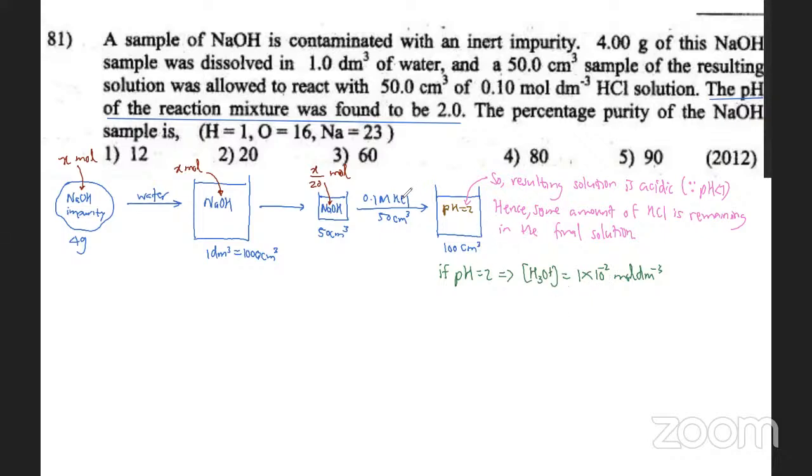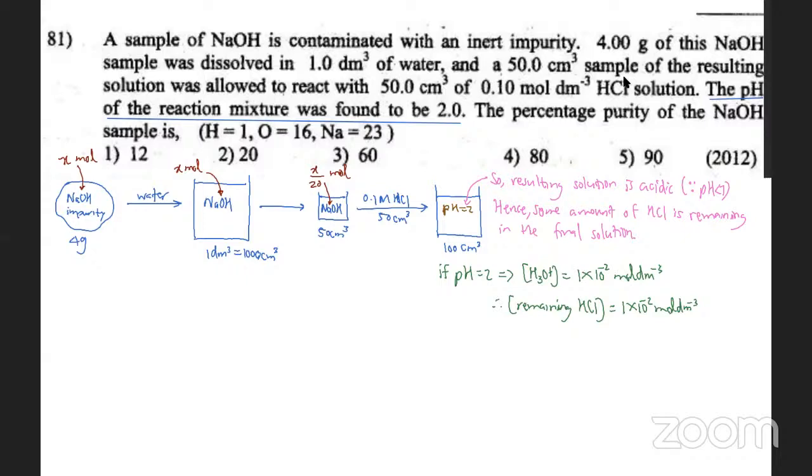HCl is a strong acid, so the remaining HCl concentration will be equal to H3O plus concentration because HCl completely dissociates in water. So with this information I can say the concentration of remaining HCl is equal to the same 1 into 10 to the power minus 2 mole per decimeter cube.